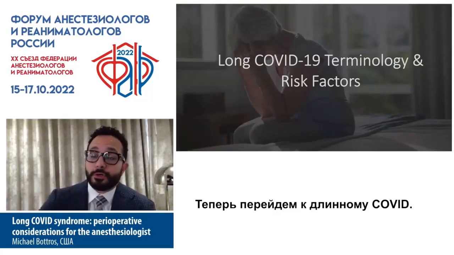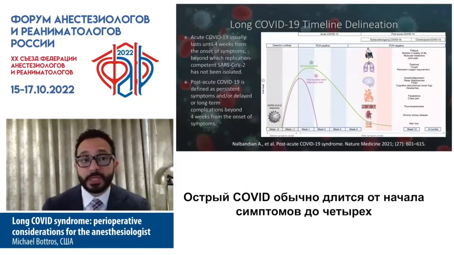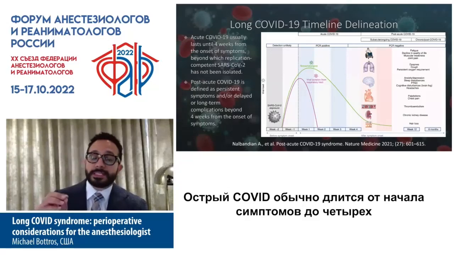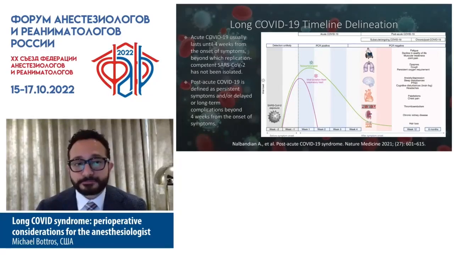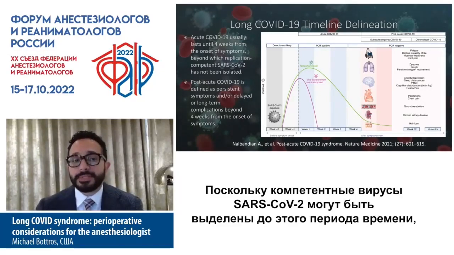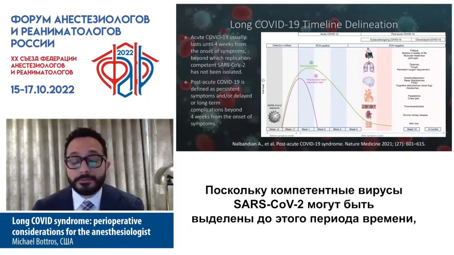Moving on now to long COVID, we have to discuss what the true definition of long COVID is before we can even start discussing it. Acute COVID usually lasts from beginning of symptoms till about 4 weeks from the onset of symptoms, because competent SARS-CoV-2 can be isolated up until that period of time.